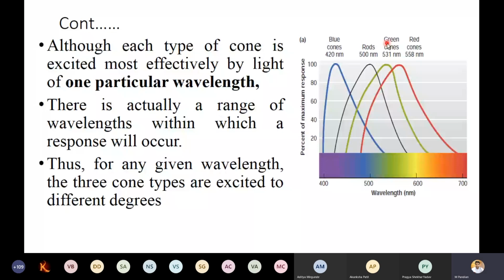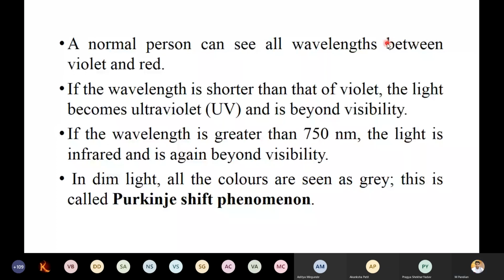Now a normal person can see all the wavelengths between violet and red, as I said in the previous slide. That is what the picture says. If the wavelength is shorter than that of violet, the light becomes ultraviolet.